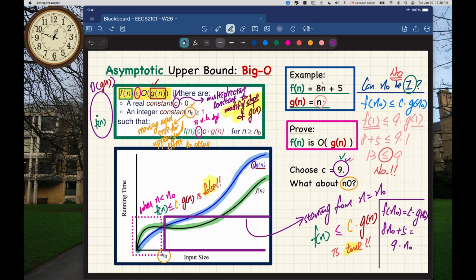Agree? Solving, you get n0 should be exactly 5. But it's more important for you to see that the way I figured it out is by referring to the equal case right here. Guys, any questions?